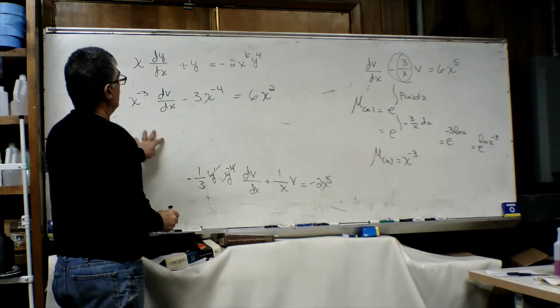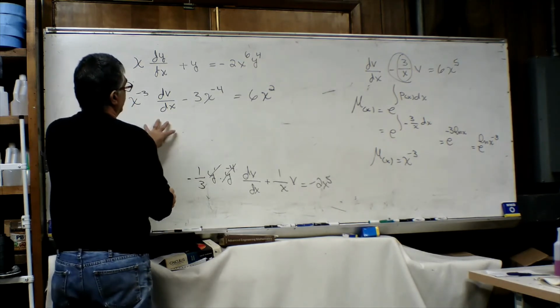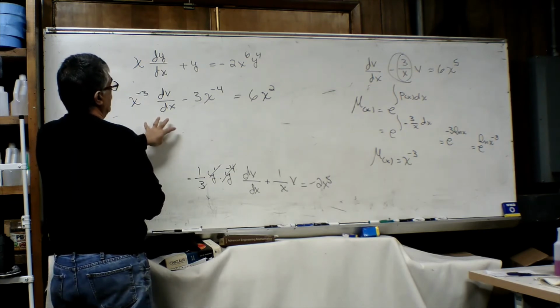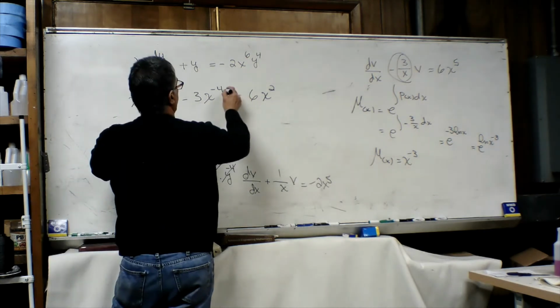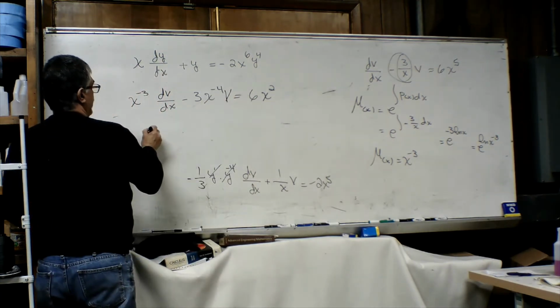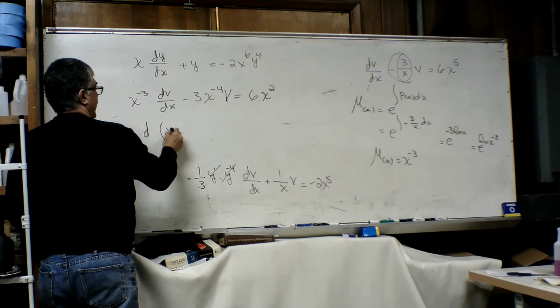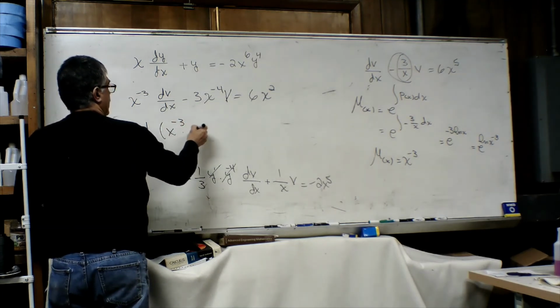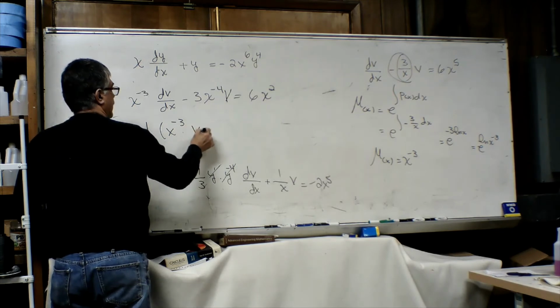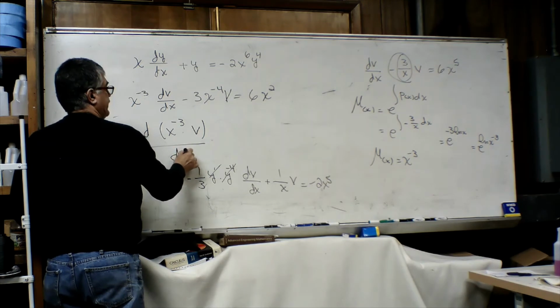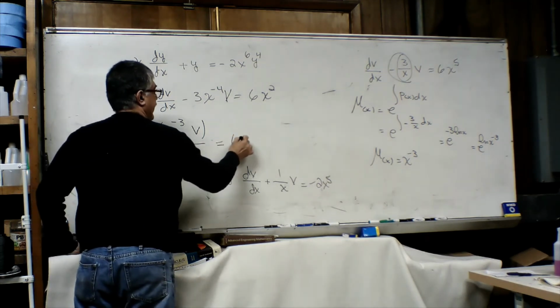Now we can write this equation as d(x to power minus 3 v) over dx equal to 6x squared.